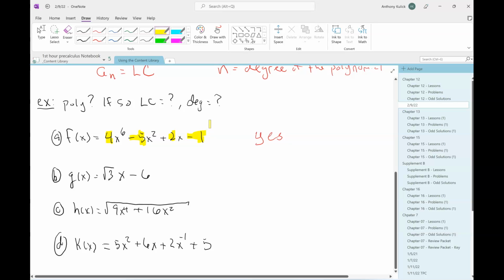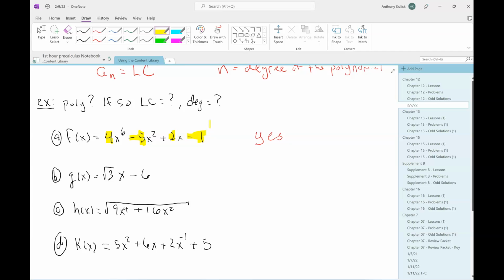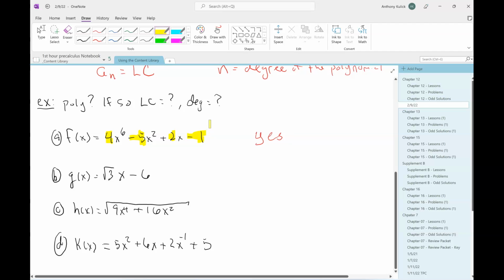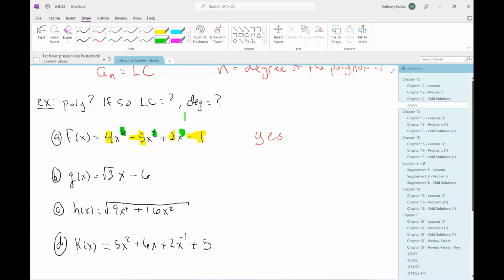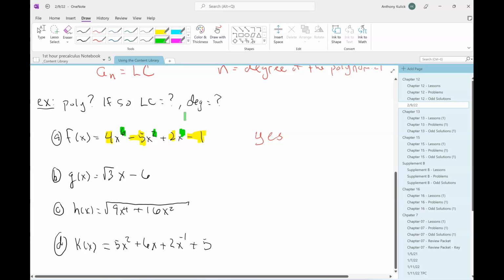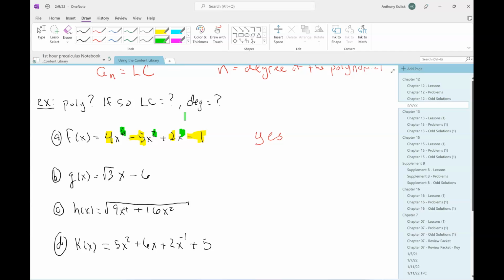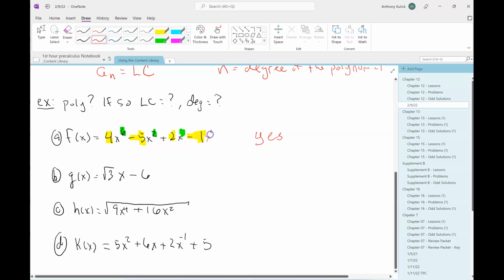If I look at the coefficients 4, -5, 2, and -1, those are all real numbers, so that's good. And the other thing I need to look at is the exponents on my variables. The exponents on all my variables are integer valued and non-negative, right? The exponents are 6, 2, 1, and then really there's a 0 there, you could think.